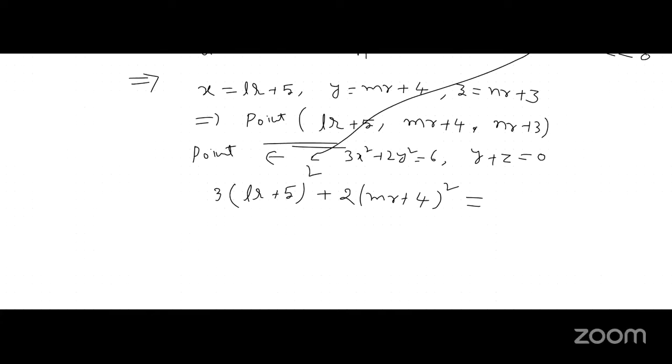After we simplify everything, one more thing: y plus z equals 0. Here, (mr plus 4) plus (nr plus 3) equals 0.